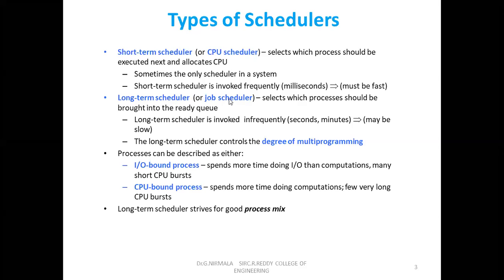Short-term schedulers are invoked frequently, in milliseconds. It must be very fast because the ready queue is also in main memory. When the CPU is available, it will assign it within a fraction of a millisecond. It will complete the assignment. That is called scheduling.